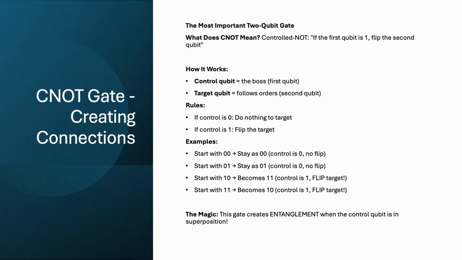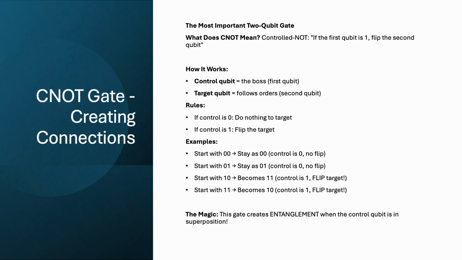Now we move from single qubit gates to multi-qubit gates, and the most important of these is the CNOT gate. The C stands for controlled, so this is the controlled NOT gate. This gate operates on two qubits, one called the control qubit and one called the target qubit. The rule is simple.